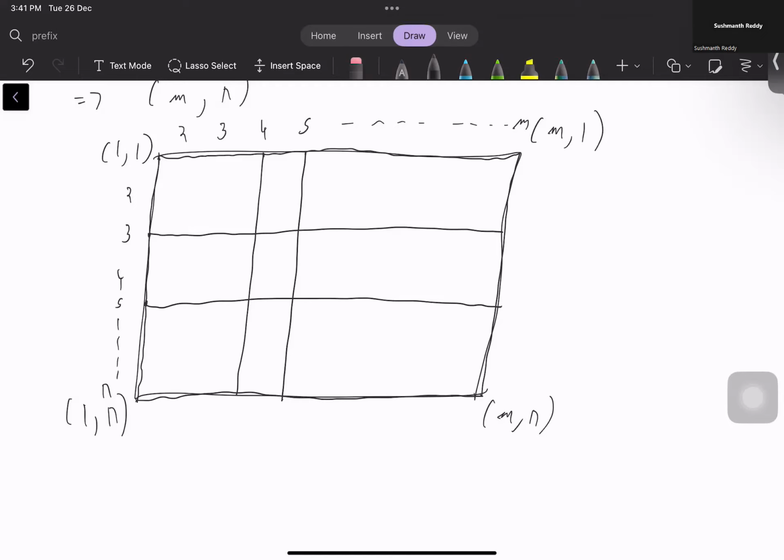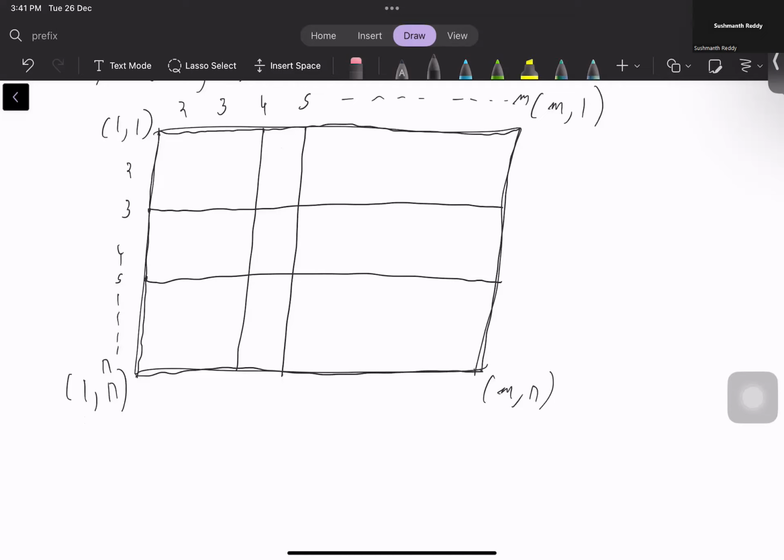Now we are allowed to remove some of the fences. We can remove any number of fences. We need to say what is the maximum square area that we can achieve if we remove some fences.